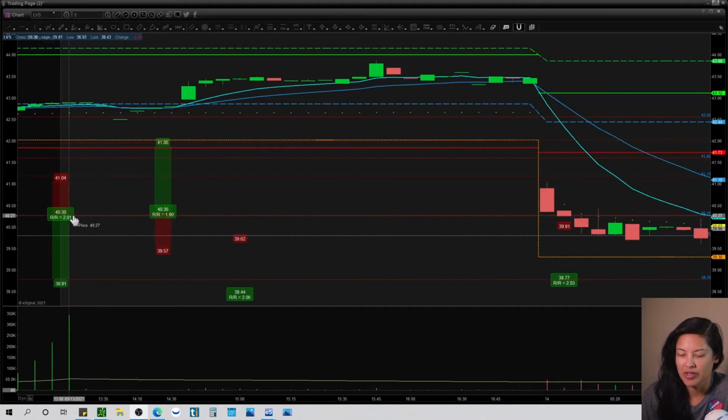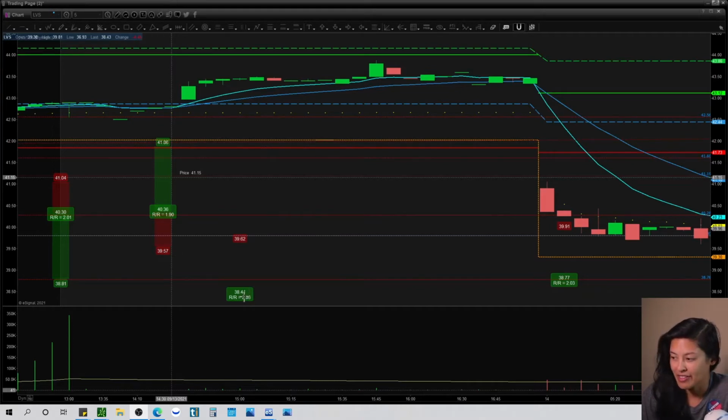This would have been my short scenario: if we are forming a retest below this line here, we could go short here with the target down here and the stop up here. If we were retesting from above, then we would go long with an entry here, target up here, and the stop down here.